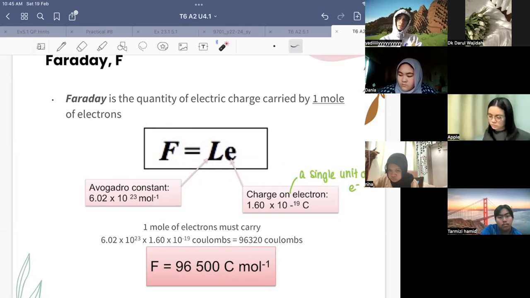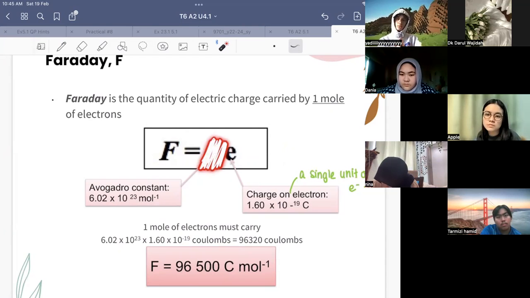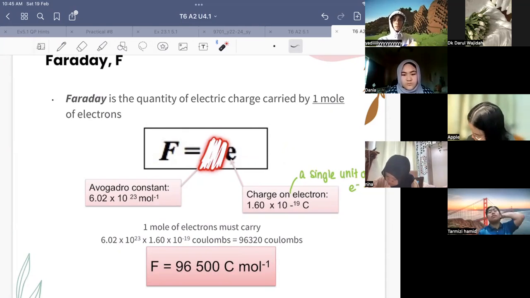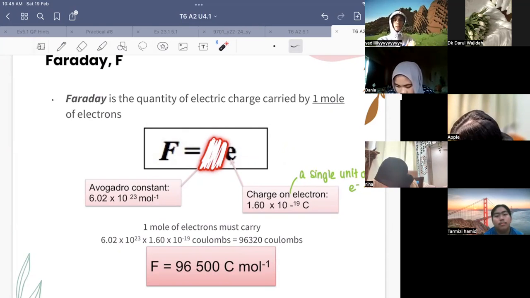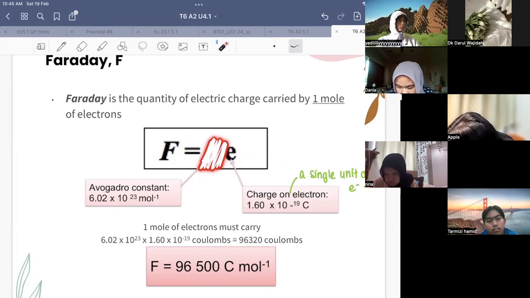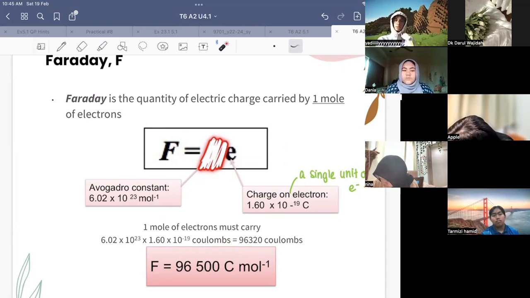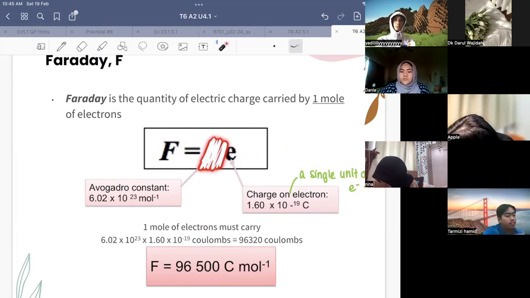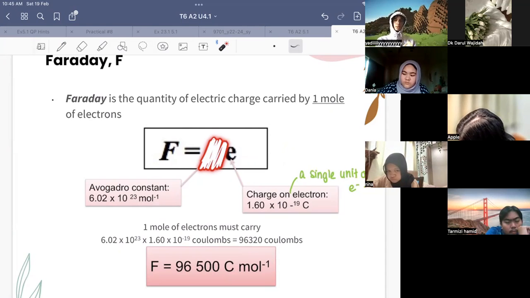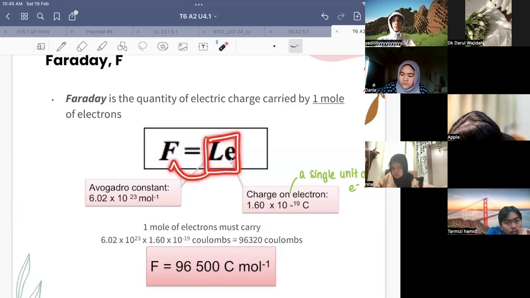Before I add in my L, which is my Avogadro constant, the number of particles in 1 mole, E is the charge per one single electron. If I multiply the charge of one single electron with the Avogadro's number, which is 6.02 times 10 to the power of 23, that means L times E gives me the charge of 1 mole of electrons.